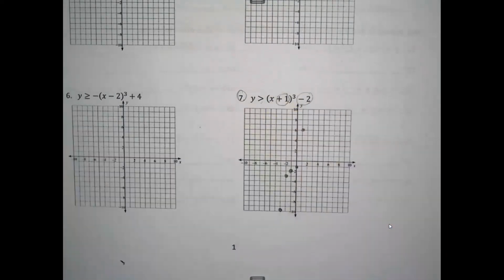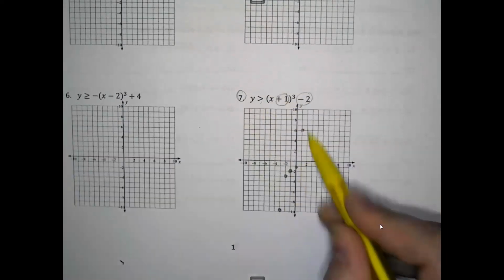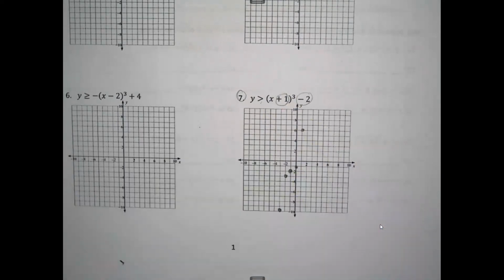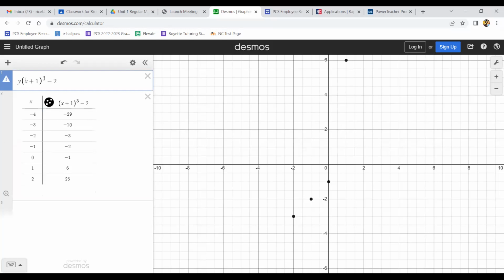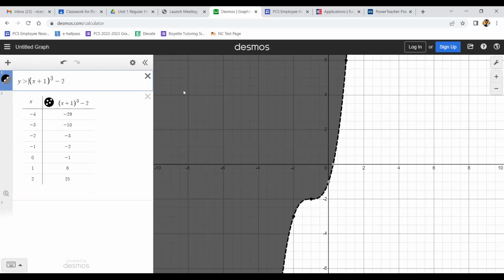So I'm going to go ahead and on Desmos, now that I have my points all graphed out and I can see them, I'm going to go back to Desmos, and I'm going to change that symbol. This is the same button on my keyboard as where the period is. So I just did shift and then the period button. So it's a dotted line and the shading is on the left.